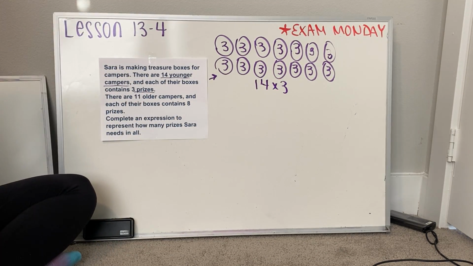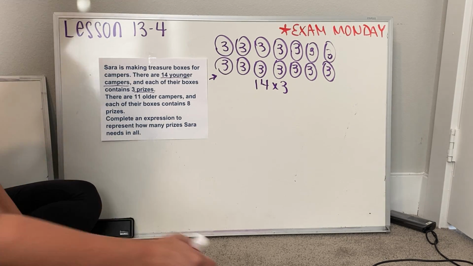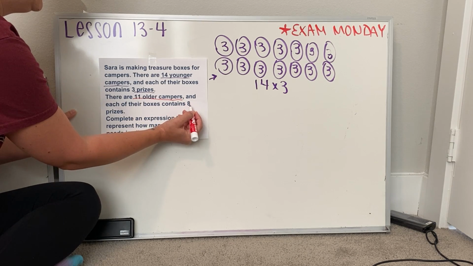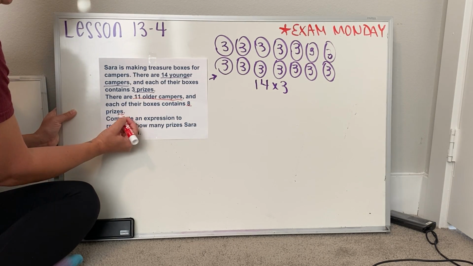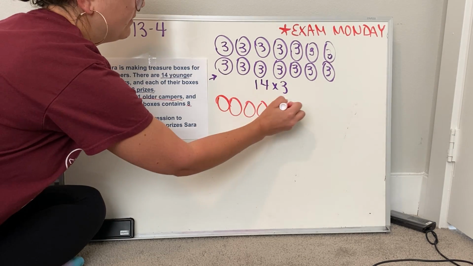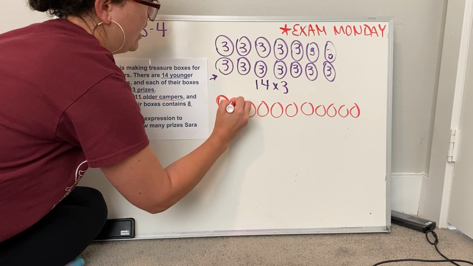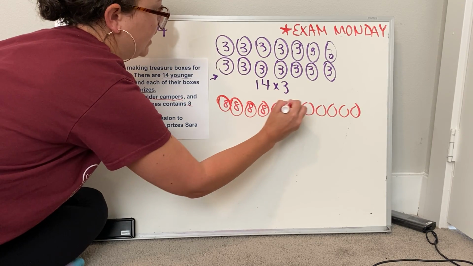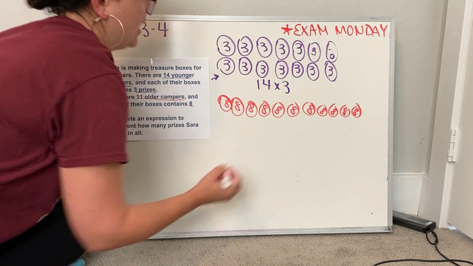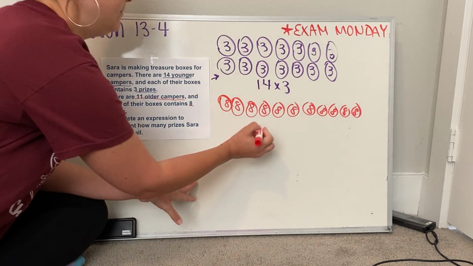Now, there are 11 older campers, and each of their boxes contains 8 prizes. So 11 older campers, and 8 for each older camper. And I know, again, equal groups, that's going to be a multiplication problem.